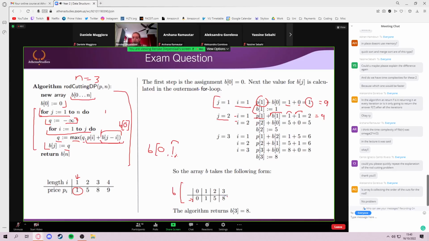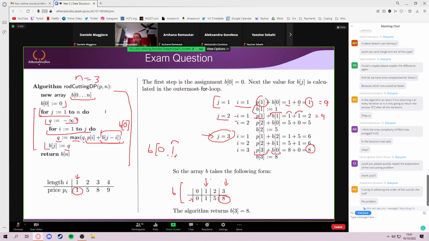So over here we see that the maximum revenue is going to be 8, and this was calculated in j is 3. So what we can do is we go back to j is 3, we look at where this 8 was calculated, and then we see, okay, this was calculated at p of 3. So the first cut was at 3, and whatever is left, well, there was nothing left because we just had a rod of size 3. But in this history of j is 3, this is where you can see what my optimal cut is, and array B is collecting the maximum revenues for each size that you have.